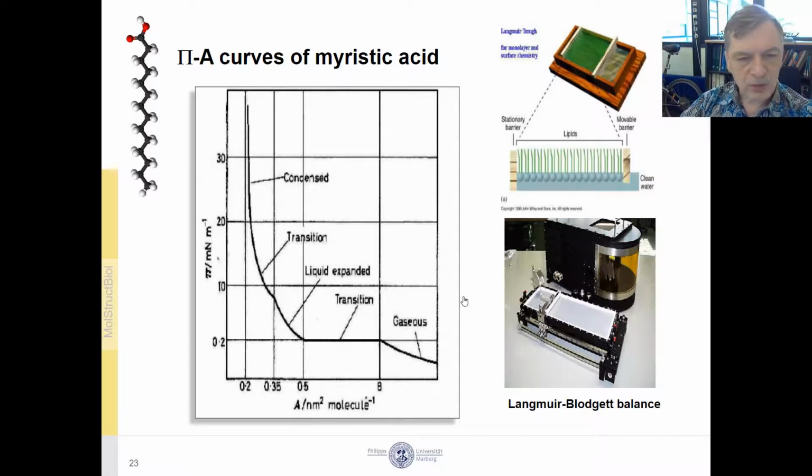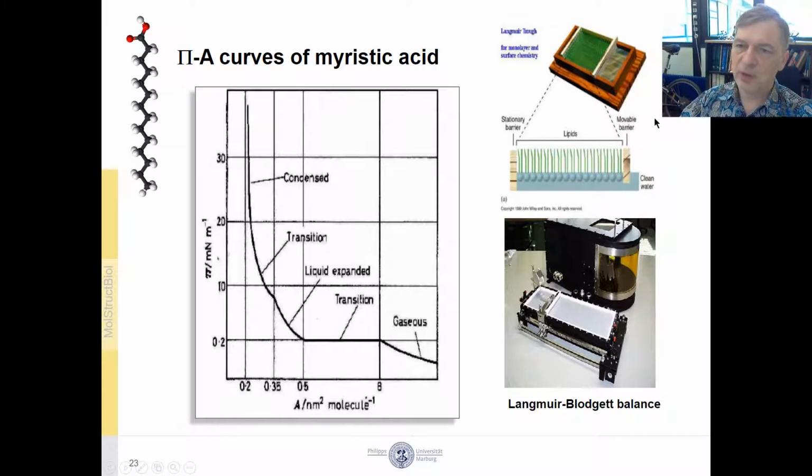Okay, so when you would like to measure pressures, you can do this also experimentally, at least to some extent. Simulations are nice, but experiments are nicer. I hope that in physical chemistry you heard about the Langmuir-Blodgett balance to measure this kind of interfacial pressure. As I explained, you spread a lipid monolayer on a water surface. The lipid monolayer spontaneously orients its head groups into the water and its hydrophobic side chains into the air, because air is hydrophobic, of course.